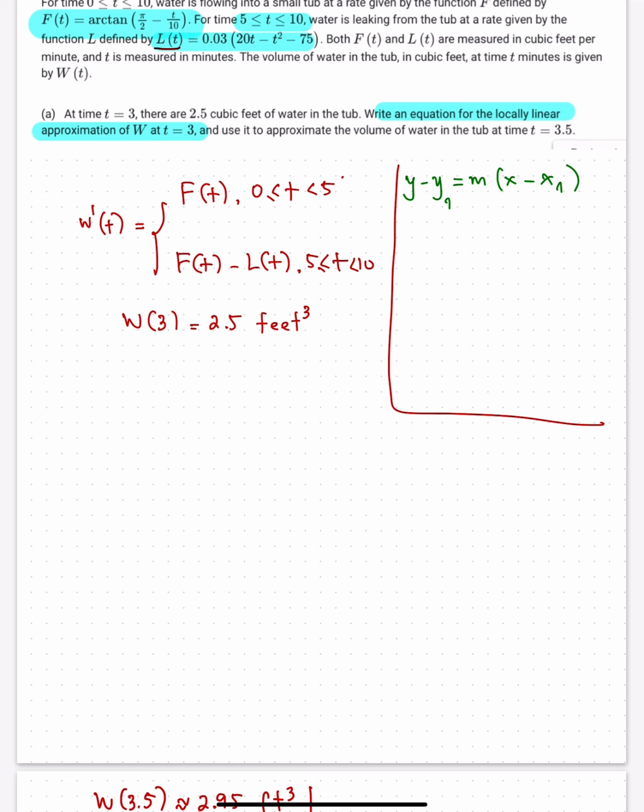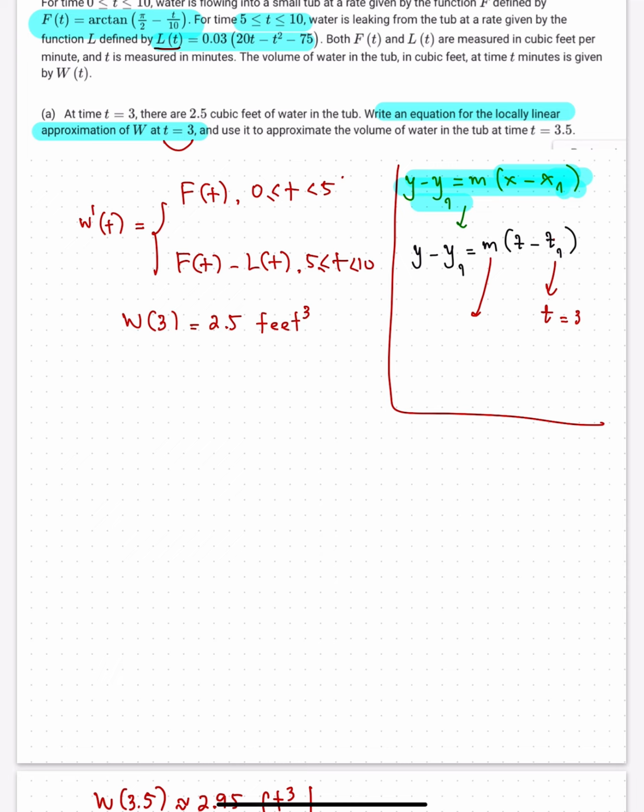But this equation doesn't fit in our context, it doesn't fit our problem. So we have to change it to y minus y1 equals m times t minus t1. They say that at t equal 3, so t1 equals 3, and m here represents the slope of the tangent line.